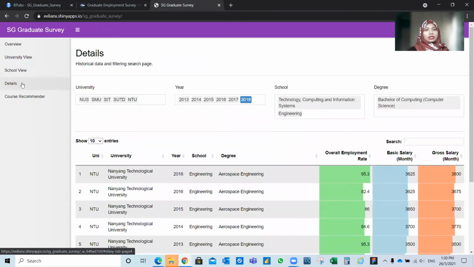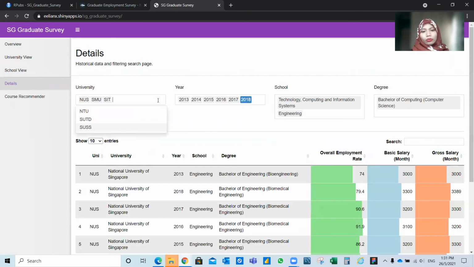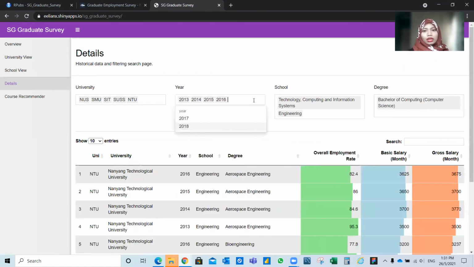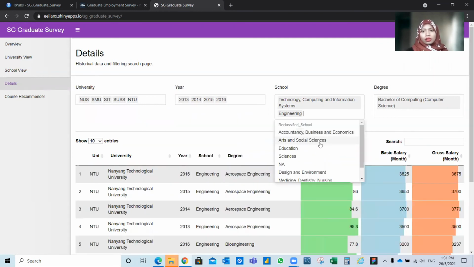And the details tab will provide us the general summary or information for the university that has been selected. So from this tab, we can select the universities that we wanted to get the information. So for example, I select the university and then I can select the year and then I can select the schools.